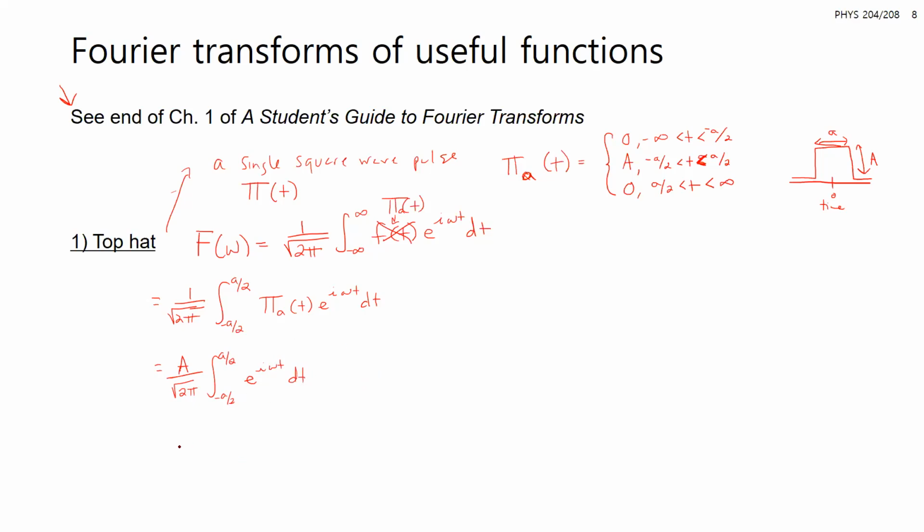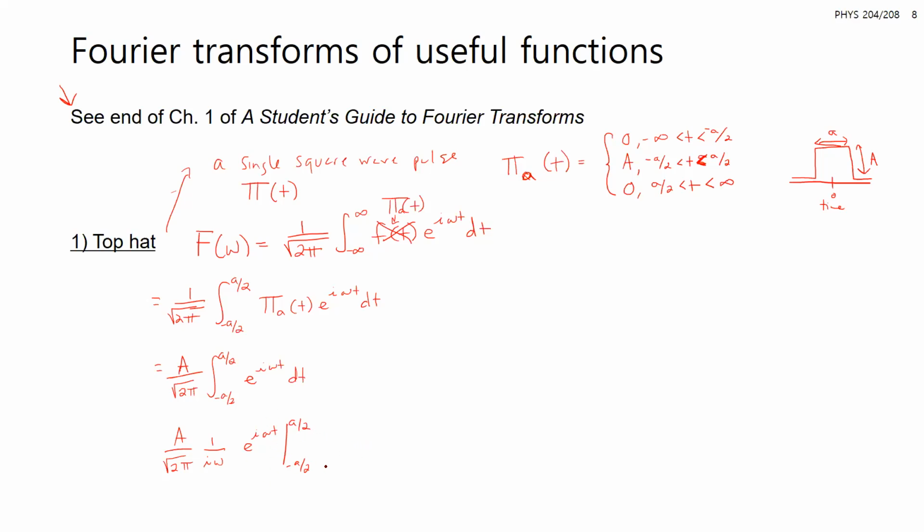So we can evaluate this integral, where we have 1 over i omega times e to the i omega t, evaluated from negative a over 2 to positive a over 2.